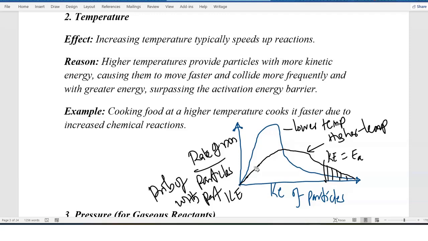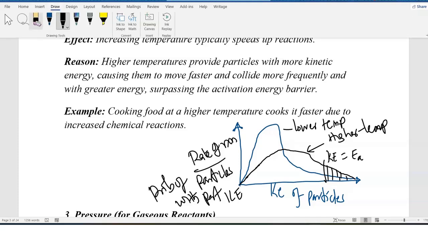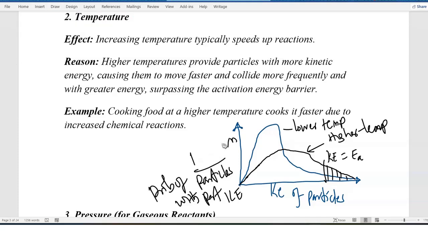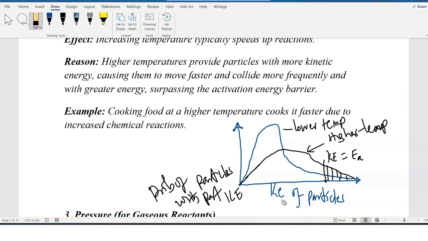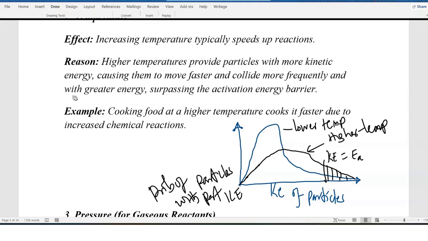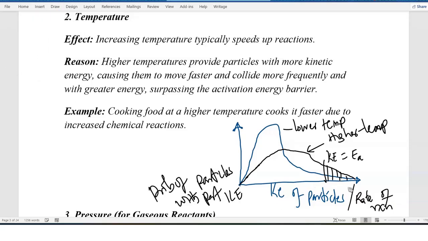Let me put the rate of reaction down here so that this is more understandable. So you have the rate of reaction being low when you have a lower temperature, and it keeps on increasing. The rate of reaction will increase when you increase the temperature.